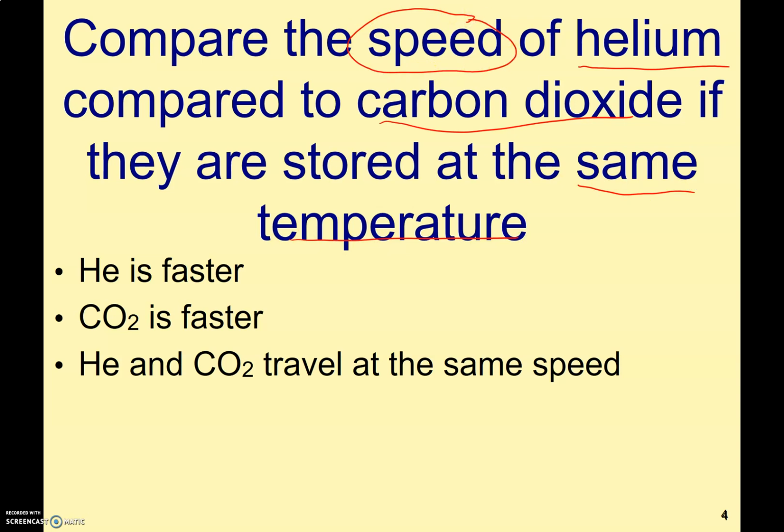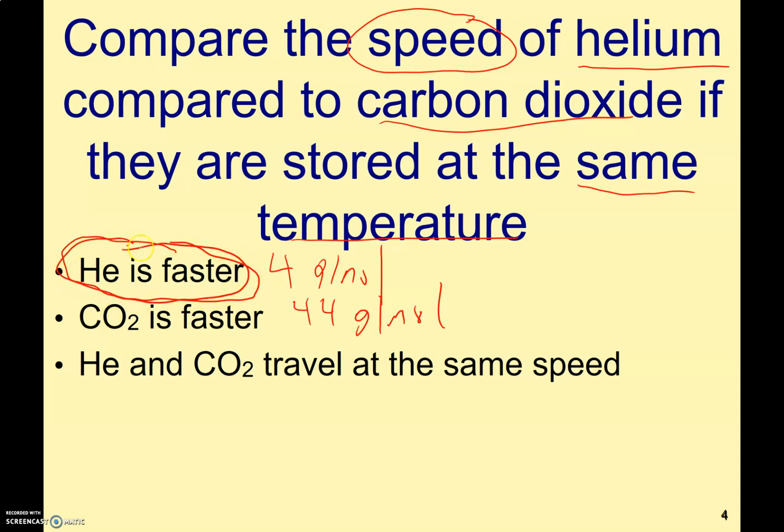Helium has a molar mass of about 4 grams per mole, and carbon dioxide has a mass of about 44 grams per mole, if you add all the atoms together. Since they're at the same temperature, and He is much lighter, it will be moving faster. Again, they're going to hit the wall with the same amount of pressure because they have the same kinetic energy, because carbon dioxide is much heavier, but He will be moving faster because it's lighter.